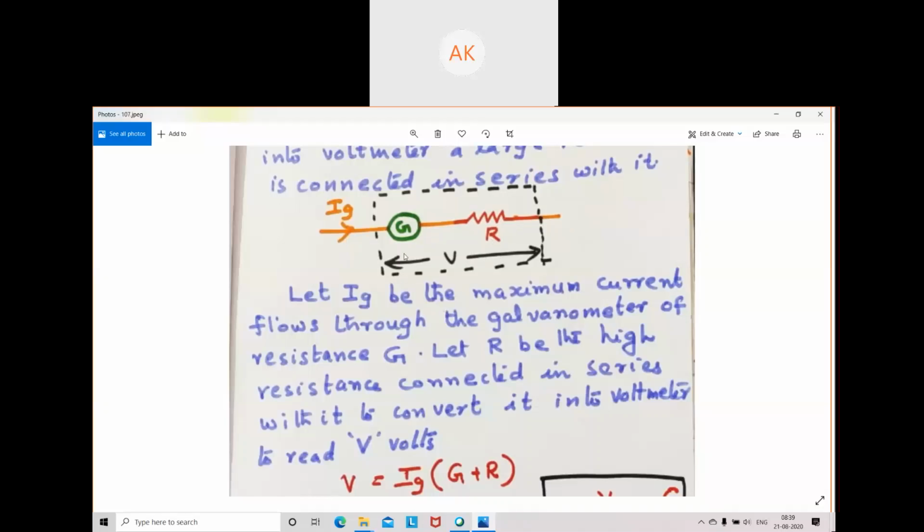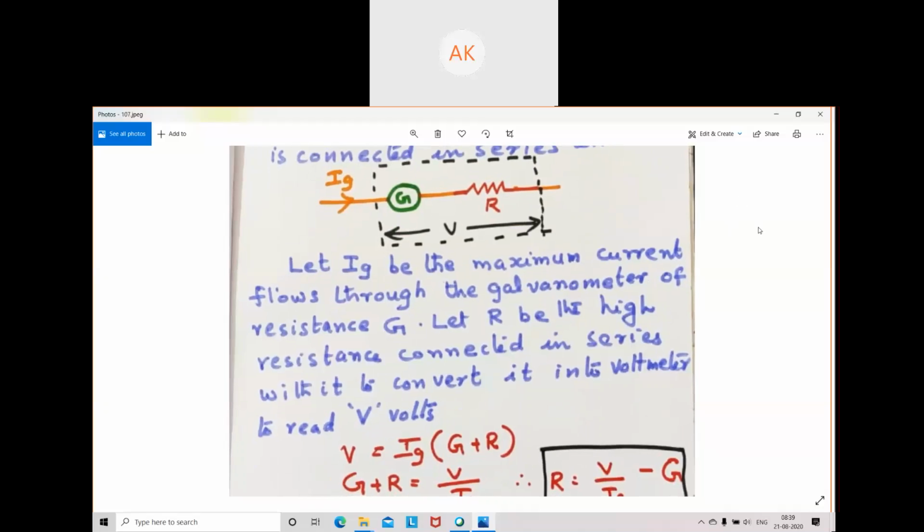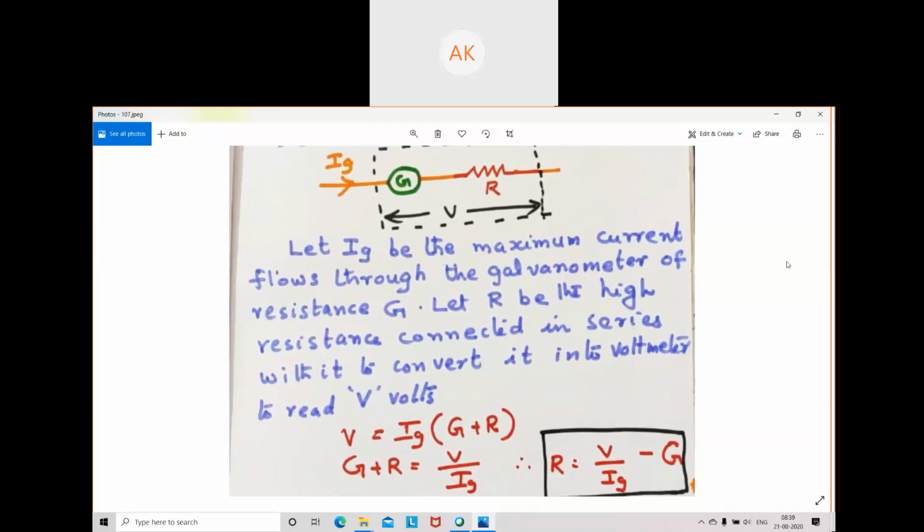Suppose V is the voltage that is to be measured, 0 to 3 volt, 0 to 5 volt, like that. So we are converting that into a voltmeter to measure V volt, 3 volt, 4 volt, like that. We want to measure V volt with that voltmeter. And V equal to potential difference. V is equal to I, according to Ohm's law, I into total resistance.